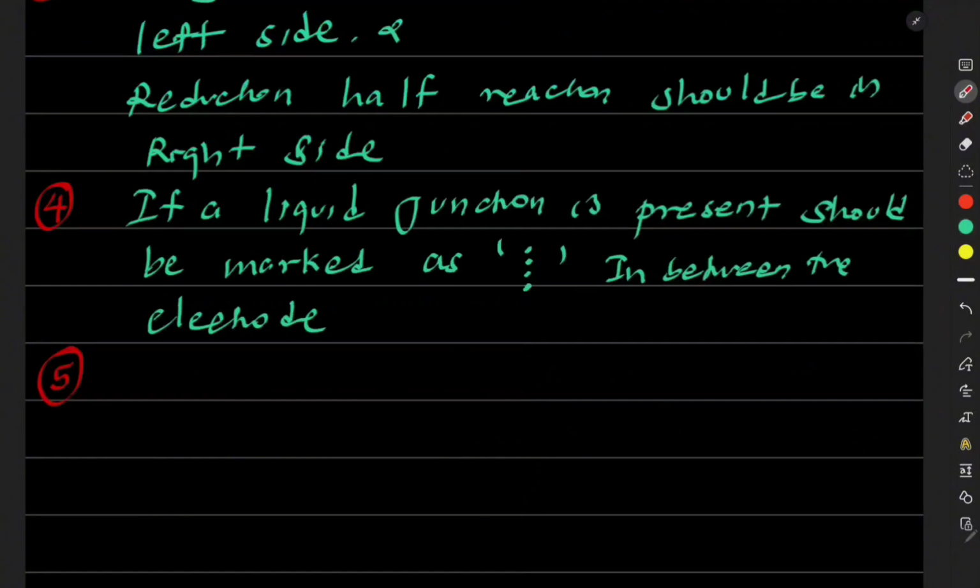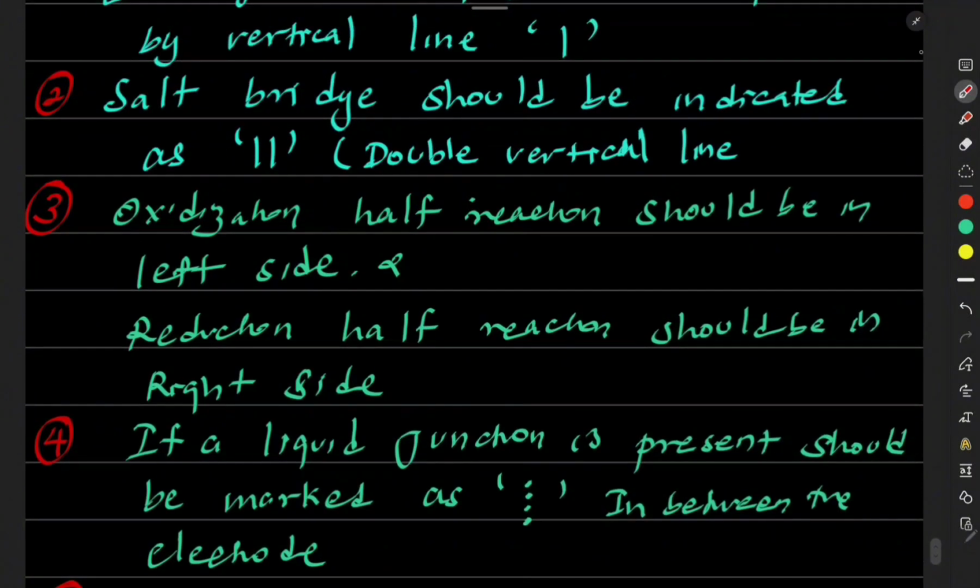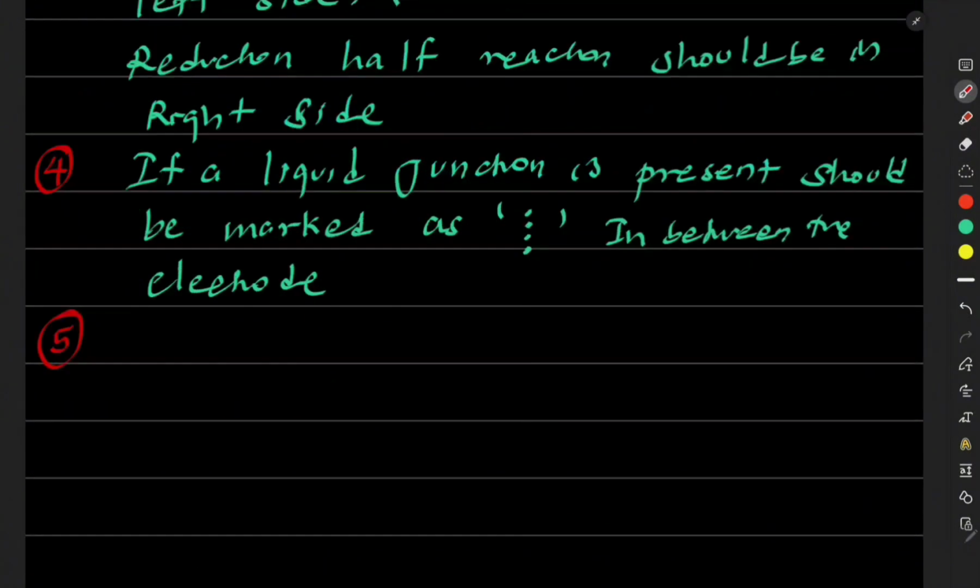There can be either a liquid junction potential or a salt bridge. If it is a liquid junction potential, we should mark it as dotted lines. If a salt bridge is present, we should mark it as a double vertical line. The fifth one: physical states must be mentioned.